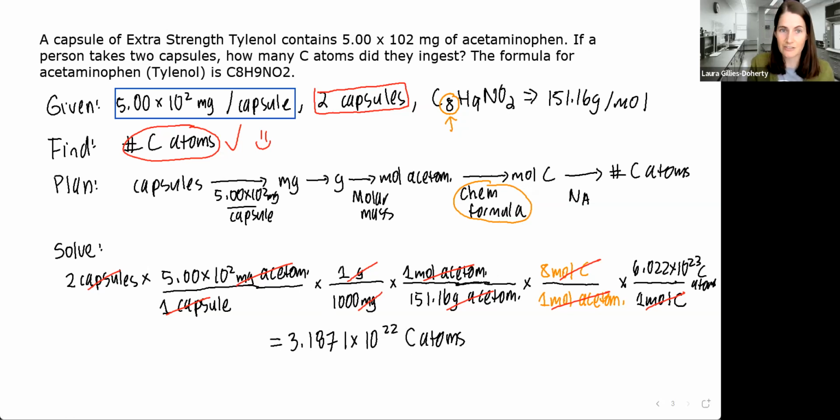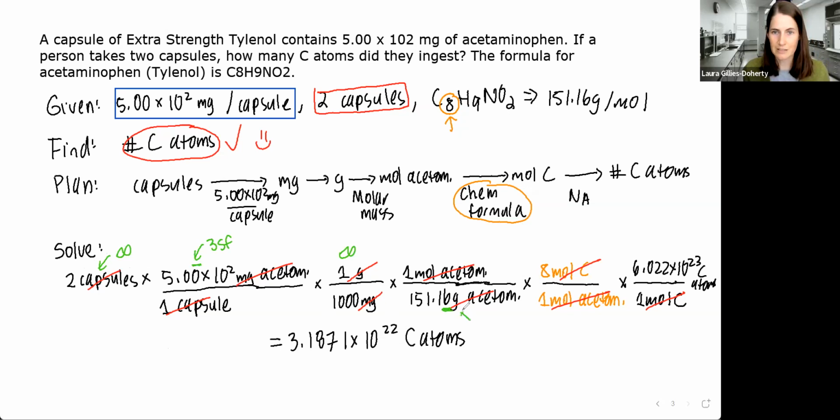We want to check our sig figs before we finish up the problem. So 2 capsules has infinite sig figs because you count capsules, so that's a counted value. 500 milligrams per capsule is something that was measured, so it has sig figs we have to keep track of, and that has 3 sig figs. Grams to milligrams has infinite sig figs. It's a metric system prefix conversion.